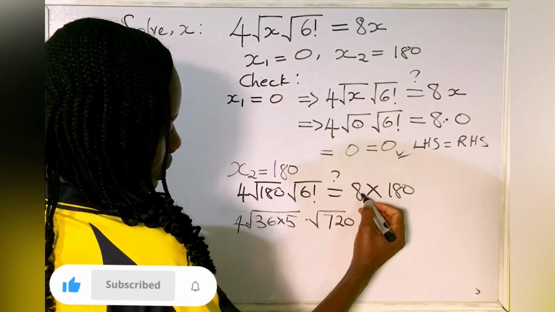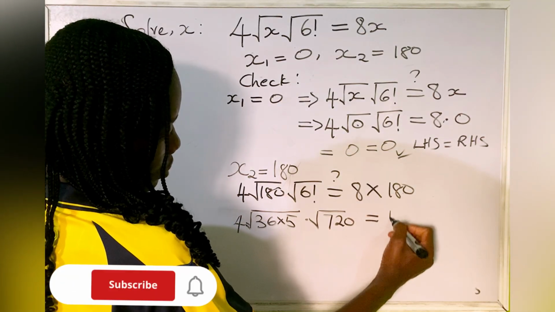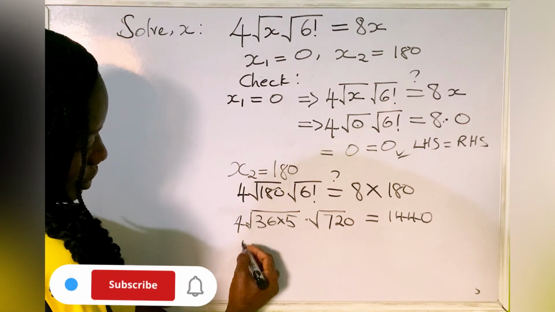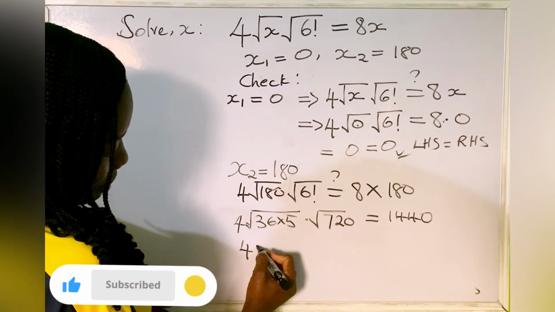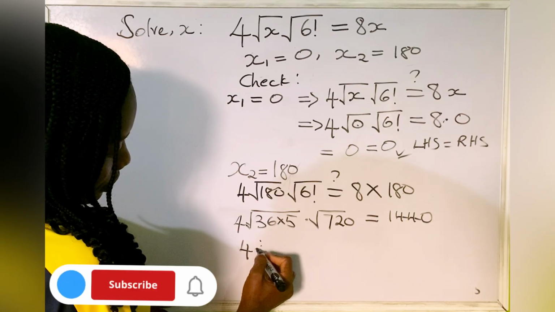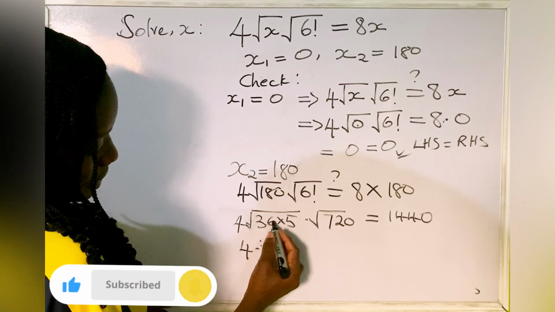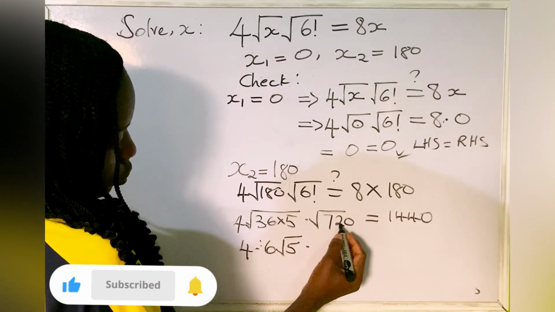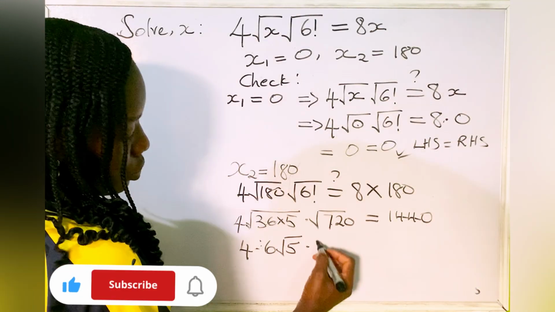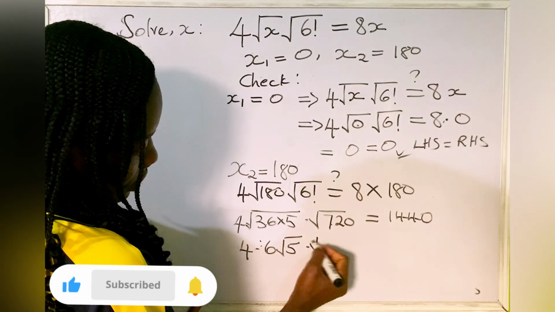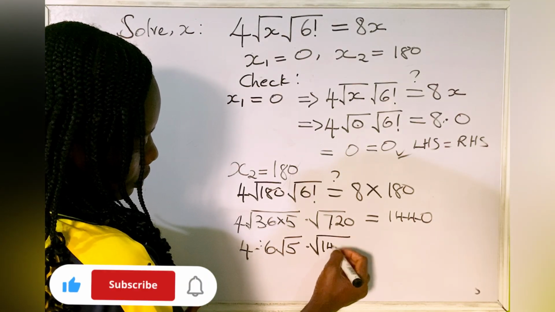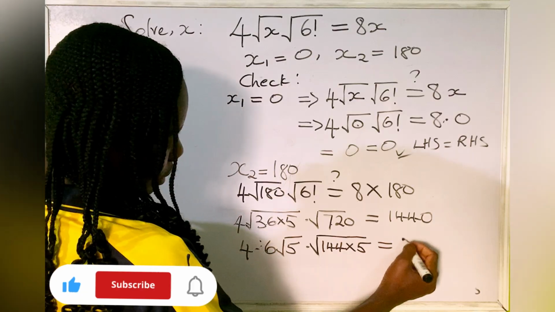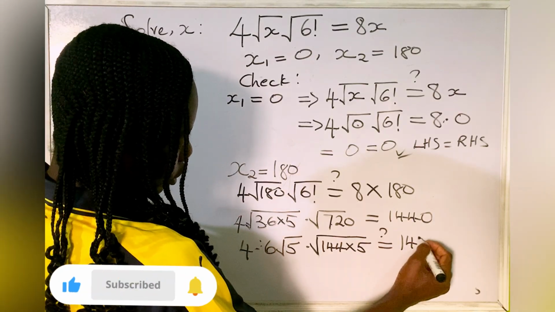That's equal to 8 multiplied by 180, which is 1440. Okay, so this is 4 multiplied by root 36, which gives us 6 root 5, and root 720 is root 144 multiplied by 5. Is it equal to 1440?